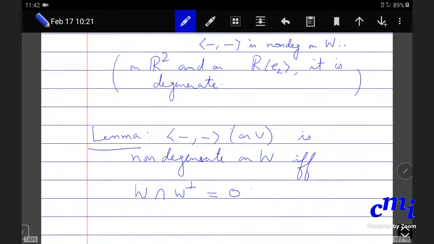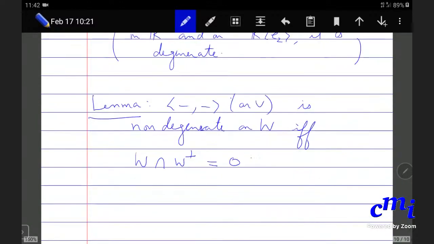So W perp is all the vectors in V that are orthogonal to every vector in W. If that set doesn't intersect W, then the form will be non-degenerate. Proof, anyway, it just follows from definitions.